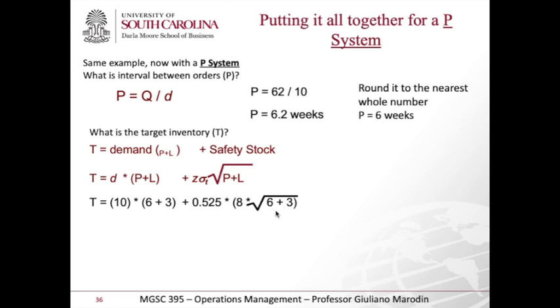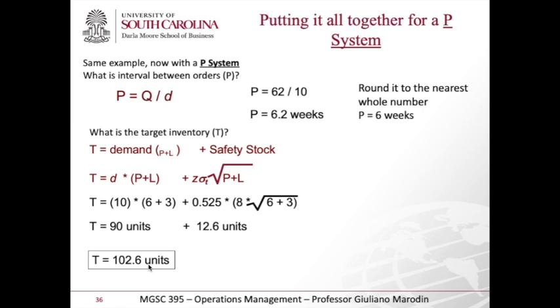Okay, so 6 again is P, the period, and 3 is the lead time. So target is 90 units plus 12.6 units, and the target is to be 102.